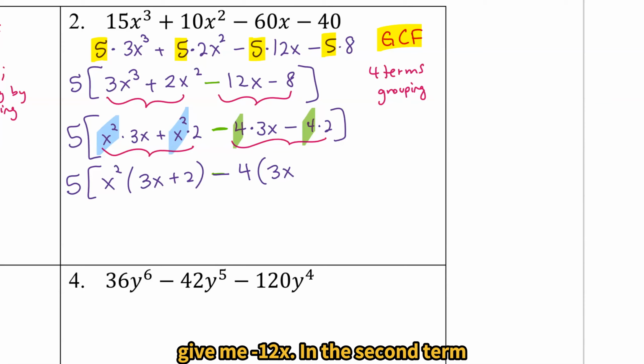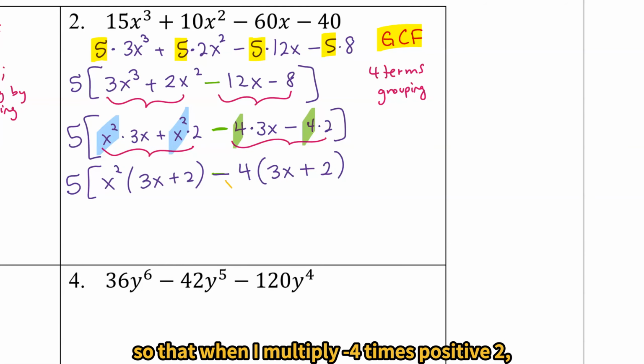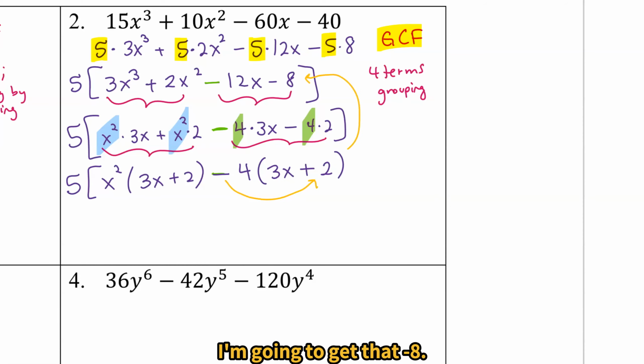In the second term, though, I'm factoring out a negative 4, so the 2 here needs to be a positive 2, so that when I multiply negative 4 times positive 2, I'm going to get that negative 8. So we just need to make sure that we've got the right signs going on.